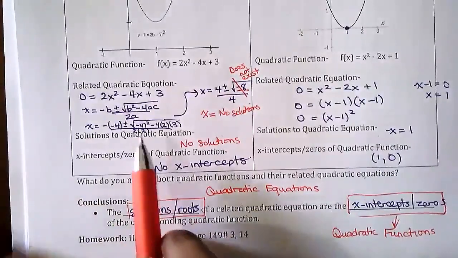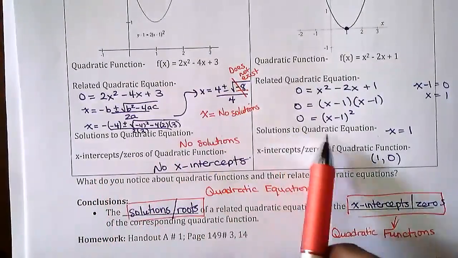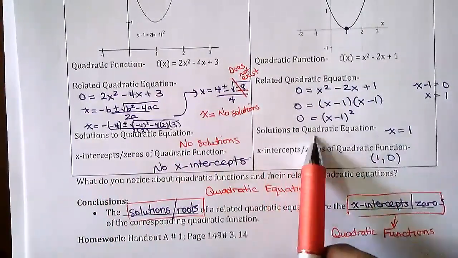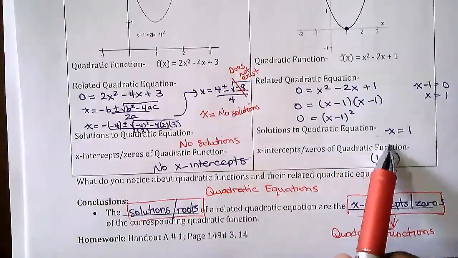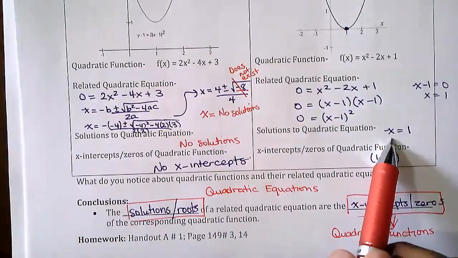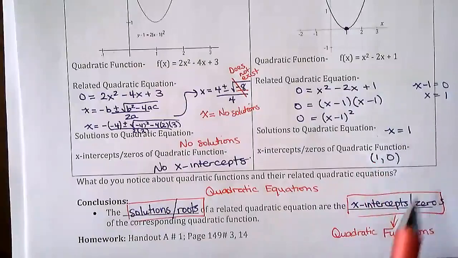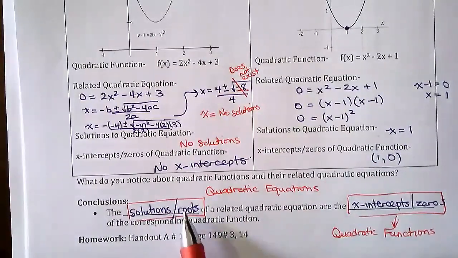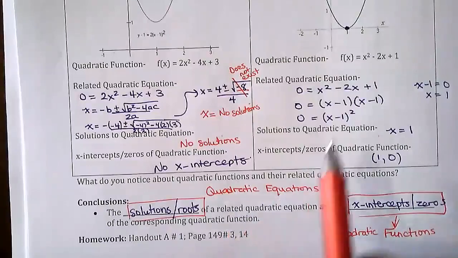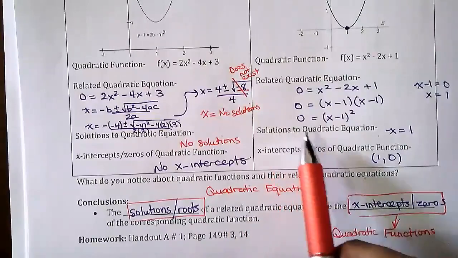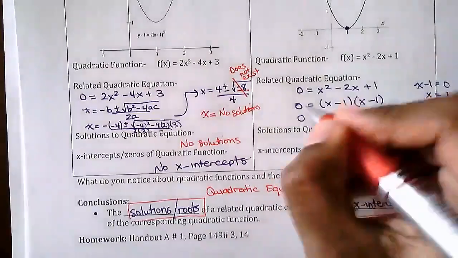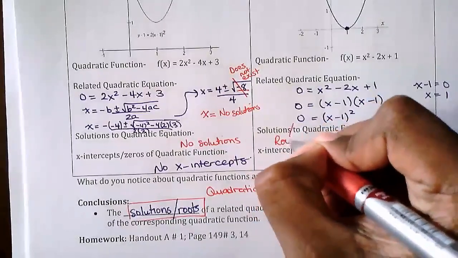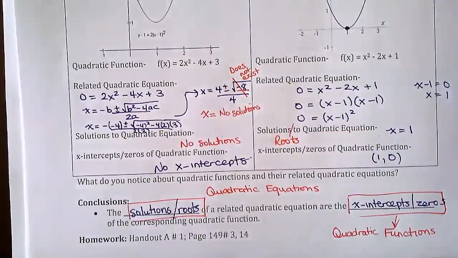So if I take a look here, this was the solution to the quadratic equation. If I said this is the 0 of the quadratic equation, that makes no sense because zeros and x-intercepts represent functions, whereas solutions and roots represent quadratic equations. So I could have said solutions to quadratic equation, or I could have said roots of quadratic equation. Those both would make sense.